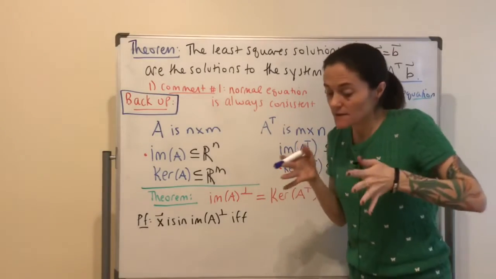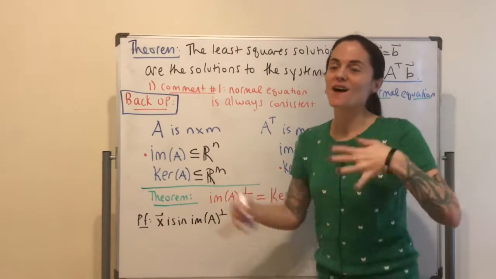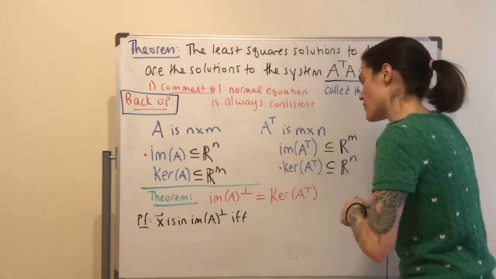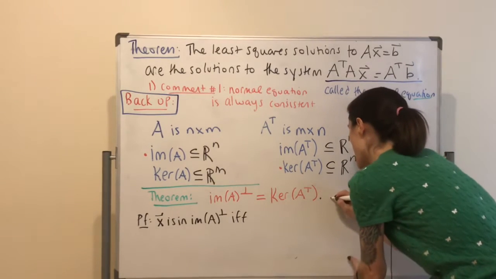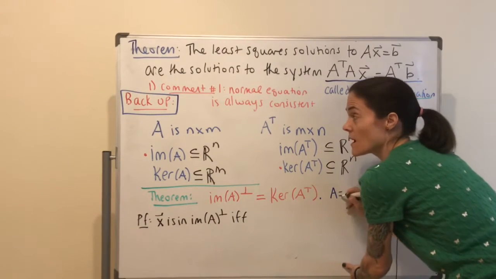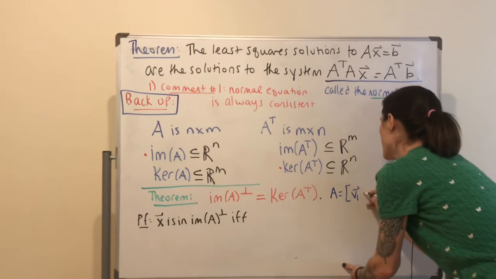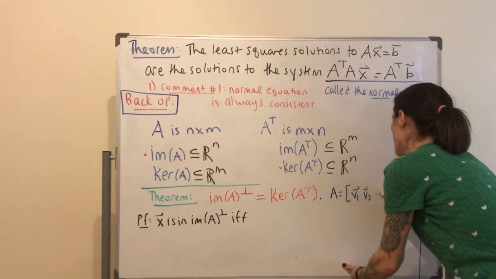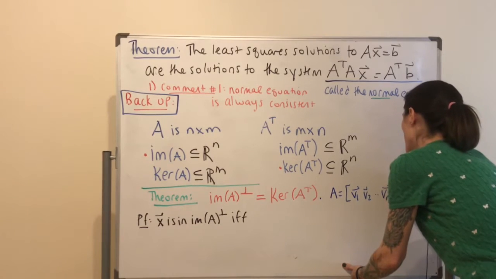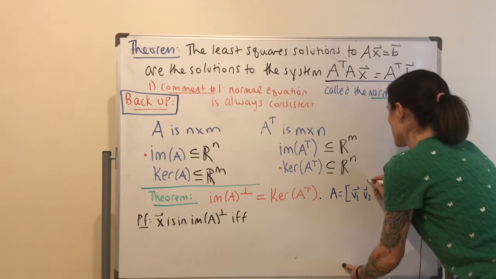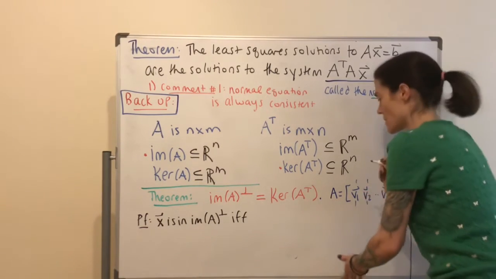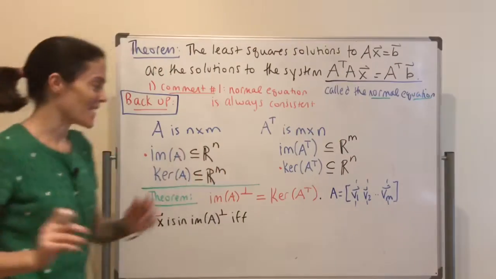As I said, you take the span of all the columns of A. So before I start proving this, let's say that A, how many columns do we have? M of them. It's going to be V1, V2 to Vm, and these are columns, columns, columns. Okay. Now I'm ready to begin.